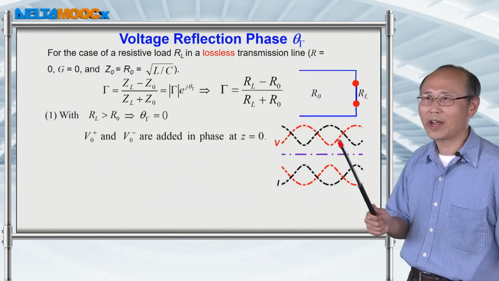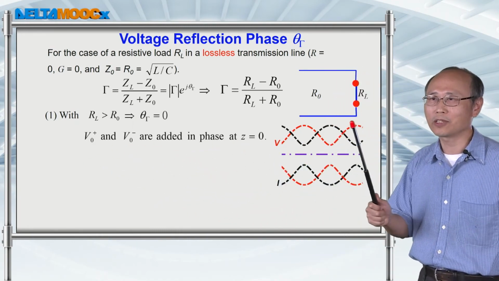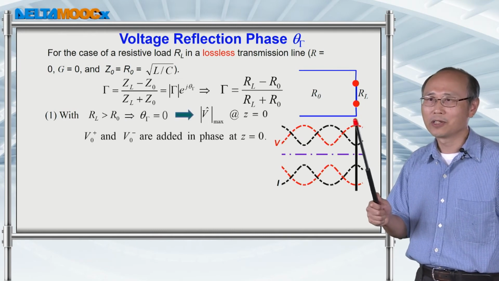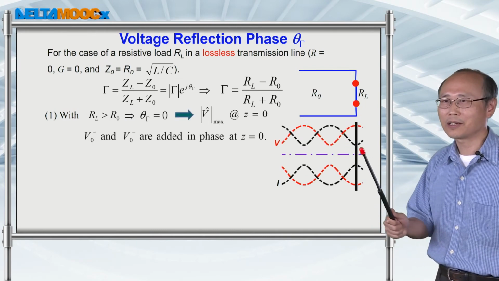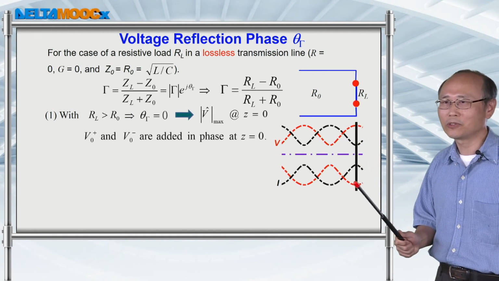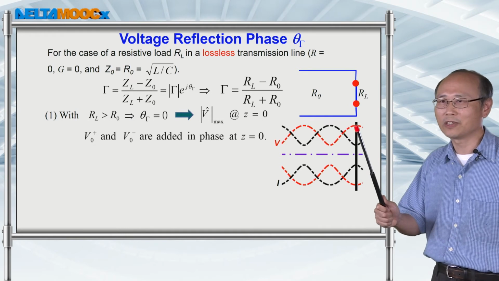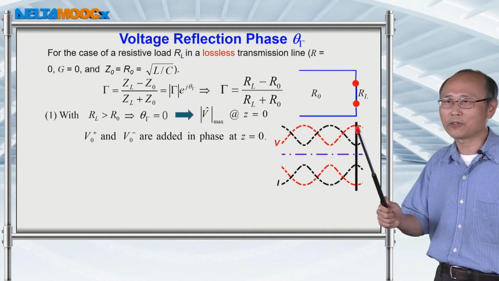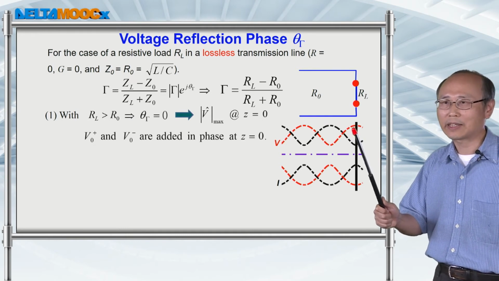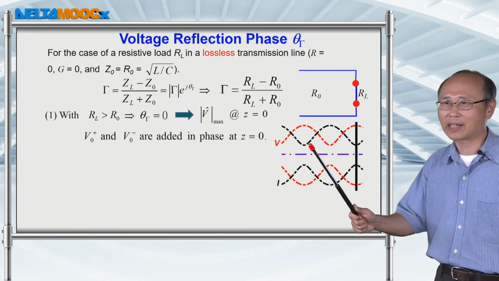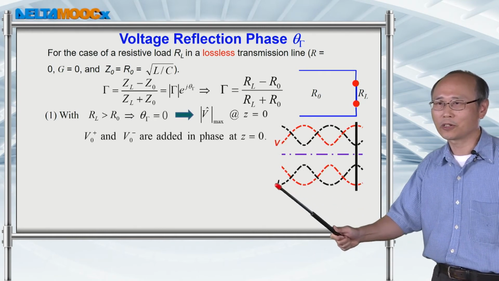And so right at the boundary, the two signals add up together to a big value. It turns out that right at your load resistance, you have the maximum voltage. Again, I want to remind you that this red dash curve is associated with the voltage, and the black dash curve is associated with the current.